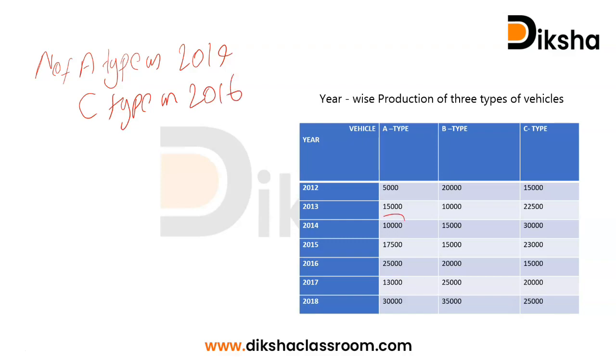So the number of A-type in 2014 you have 10,000, and the number of C-type in 2016 you have 15,000.